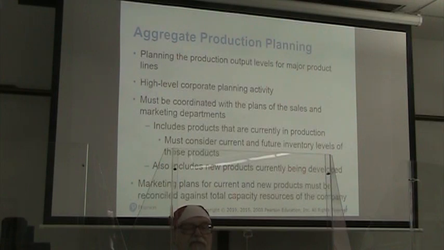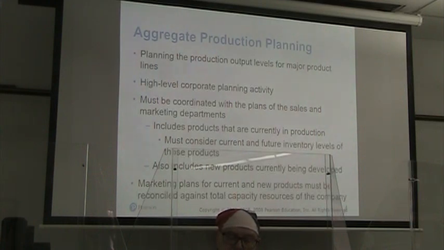So it includes the products that are currently in production, must consider our current and future inventory levels of our products, and we also have to plan for the new products that we're currently developing. So our marketing plans for our current and new products must be reconciled against the total capacity resources of the company.